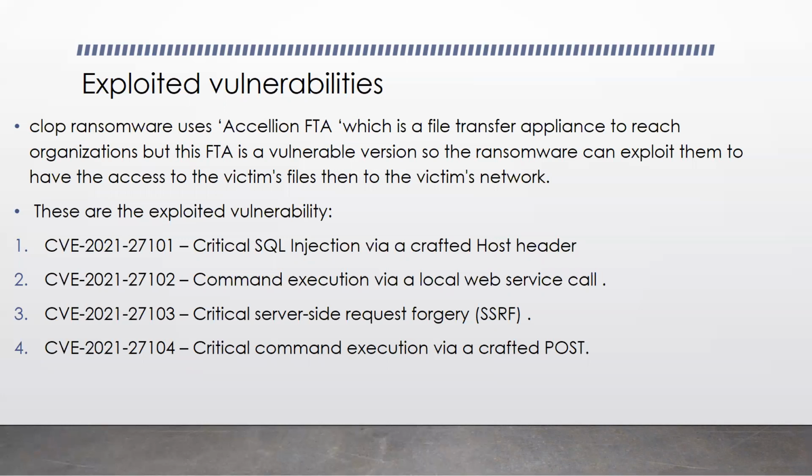These are the exploited vulnerabilities. Number 1, the critical SQL injection via a crafted host header. Number 2 is the command execution via a local web service call. Number 3 is the critical server-side request forgery. Number 4, the critical command execution via a crafted post.